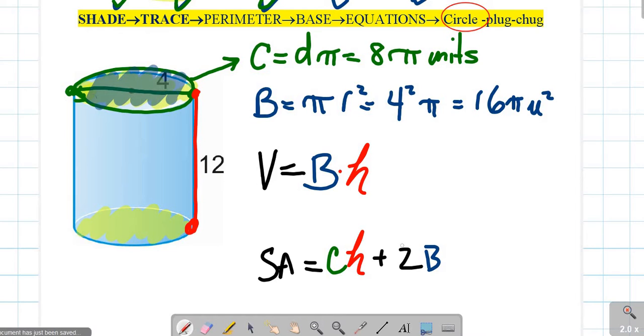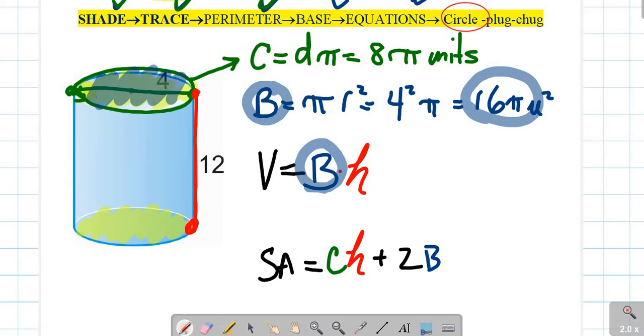Now you just slowly plug stuff in. You already have most of it done. Watch carefully. You already have your base. You figured it out right there: 16 pi. So we're going to go 16 pi times our height, which is 12. You could do that longhand in the margin, or if you want to get a calculator, I'll let you cheat.